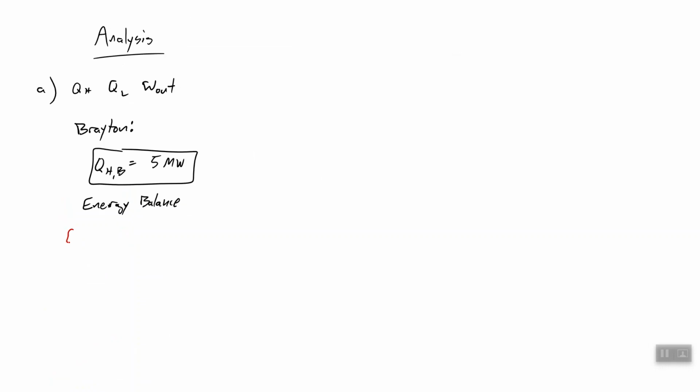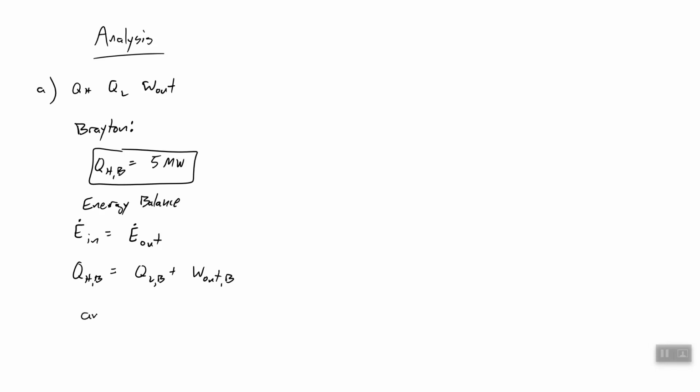So, still in red, the energy in is equal to the energy out. In is QHB, and out is QLB plus work out B. I'm not using dots above these, but these are rates.